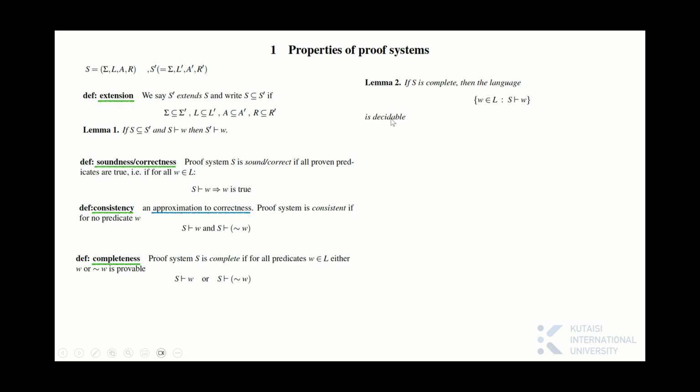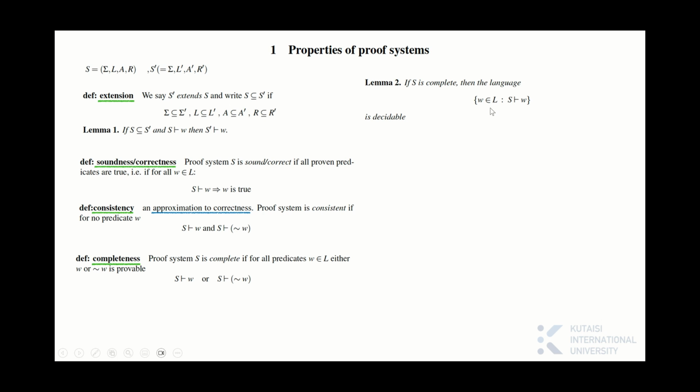And then we saw that if your language is complete, then everything you can prove is decidable, meaning that if I give you a string, you can tell me whether you can prove it or not. How? You just enumerate all possible proofs, and if your proof system is complete, you either find W or you find not W. So you find one of them, and you give the answer accordingly, right?